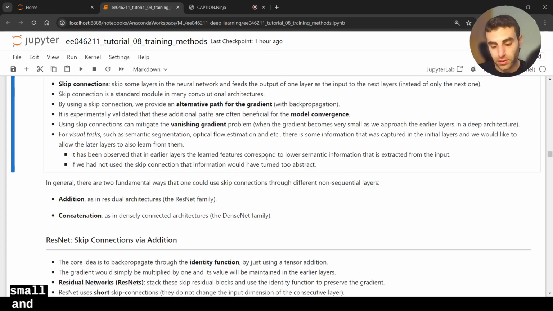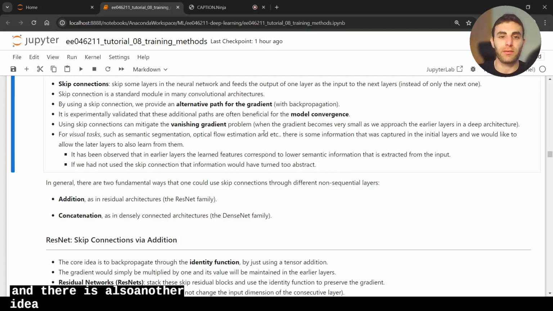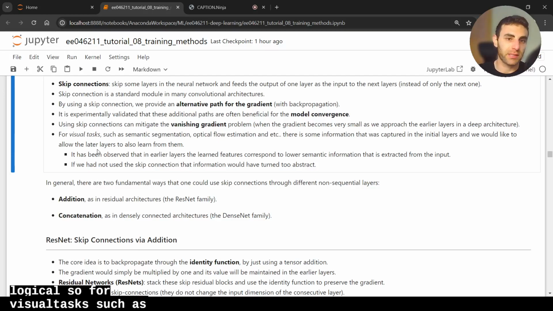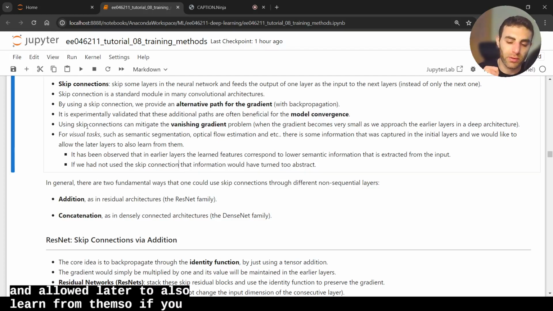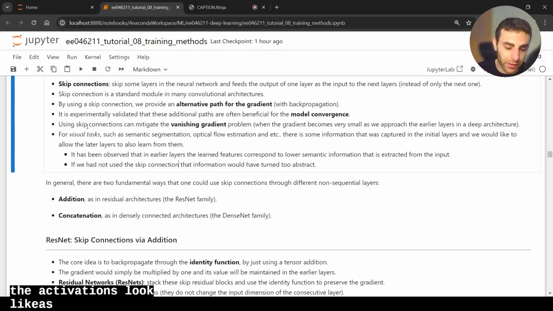And there is also another idea that makes skip connections very logical. For visual tasks such as semantic segmentation, optical flow estimation, or even classification, there is some information captured in the initial layers that we would like to preserve and allow the later layers to also learn from. If you recall, when we talked about CNNs, we showed what the activations look like as we go deeper in the network.